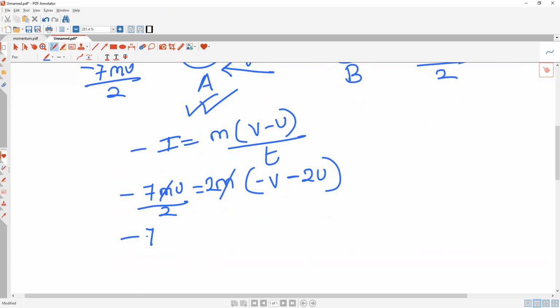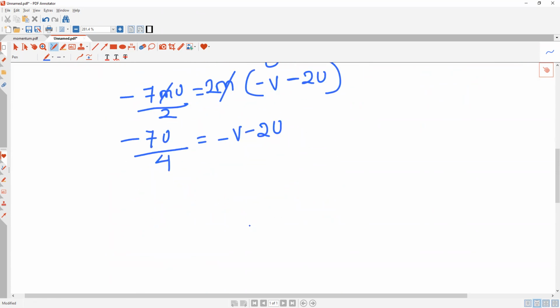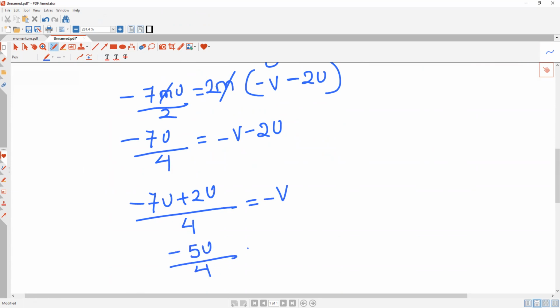So it becomes minus 7u by 4 is equal to minus v minus 2u. Take 2u to the other side. Minus 7u plus 2u divided by 4 is equal to minus v, which is minus 5u by 4. Minus v, minus minus cancel. So 5u by 4 meters per second.